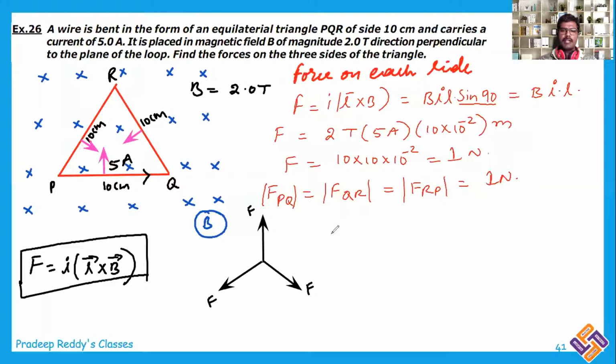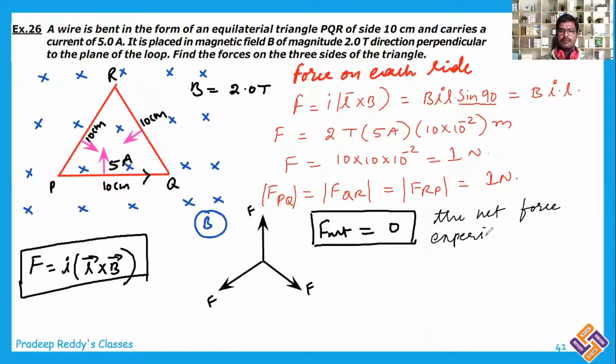What will be the net force acting then? F net will be equal to 0. The net force experienced by the triangular loop is 0.